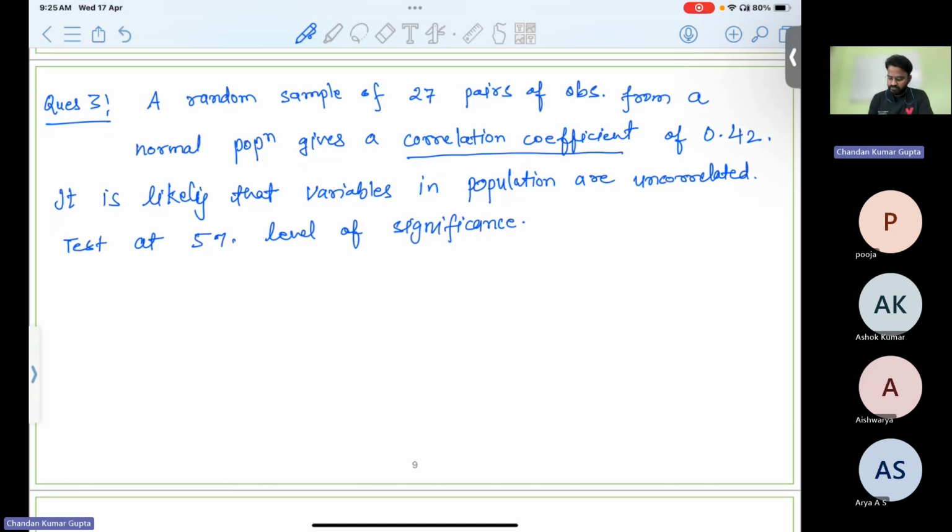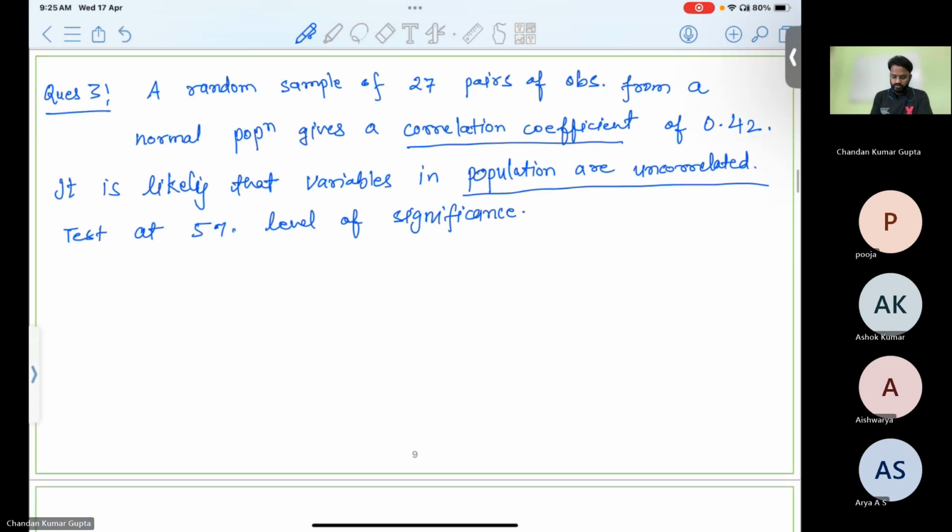Here it is given we need to test that the populations are uncorrelated. So first we need to frame our hypothesis. H naught: populations are uncorrelated. That means the population correlation coefficient rho is equal to 0, against rho not equal to 0, because nothing is given like positive or negative correlation. So it is either 0 or it is not 0.